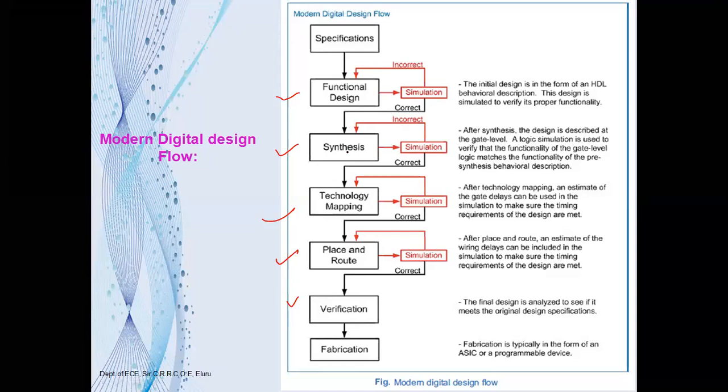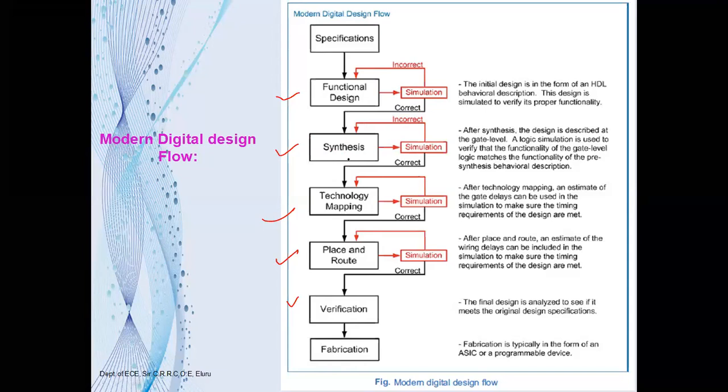In the synthesis, we are converting the block diagrams into the gate level circuit, or converting the truth tables or state machines into the circuit level, so that you have the gates and registers.